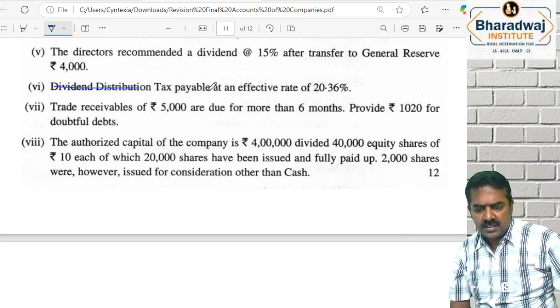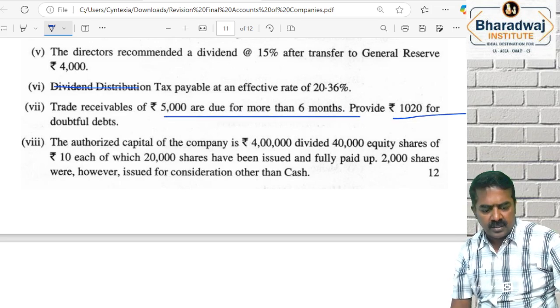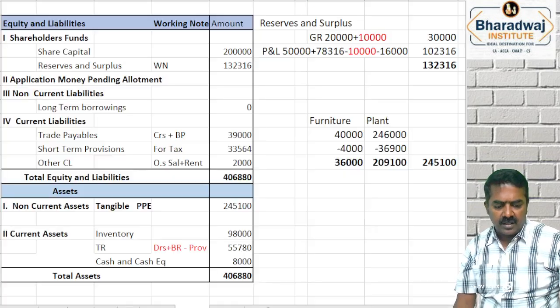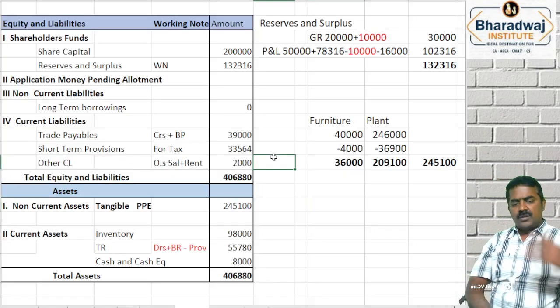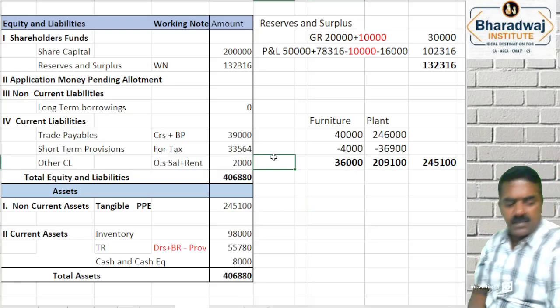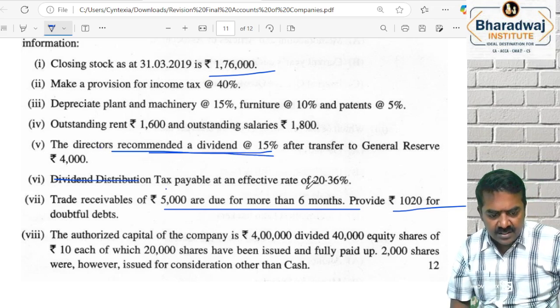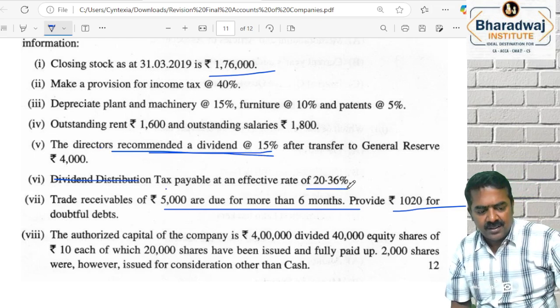Dividend distribution tax is irrelevant for solving. Provide 1,020 for doubtful debts. Include everything due for more than 6 months. It is the same question. You can try it at home. So the last 3 questions you can try at home or just see through the answers. When this dividend is paid, this dividend distribution tax is payable.